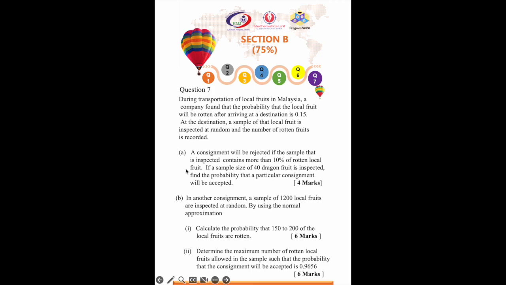So now, okay, 10%, we will reject if it exceeds 10%. So exceeding 10% means we will accept if it is fewer than 10%. So we need to know how many dragon fruit this 10% is.